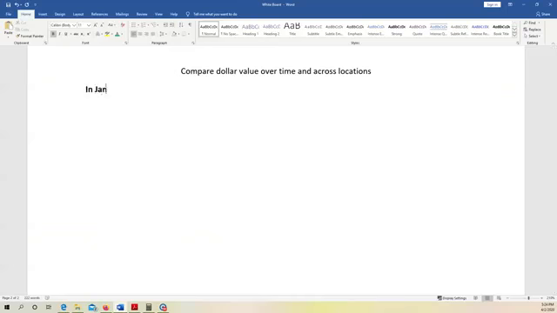So in January 2020, the CPI in New York City is roughly 280.